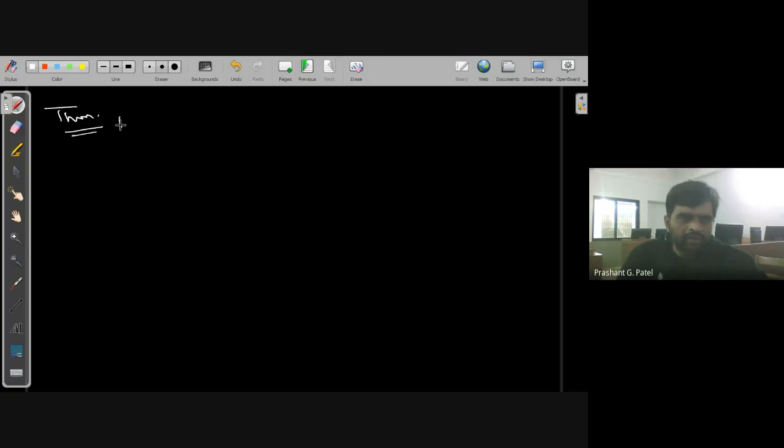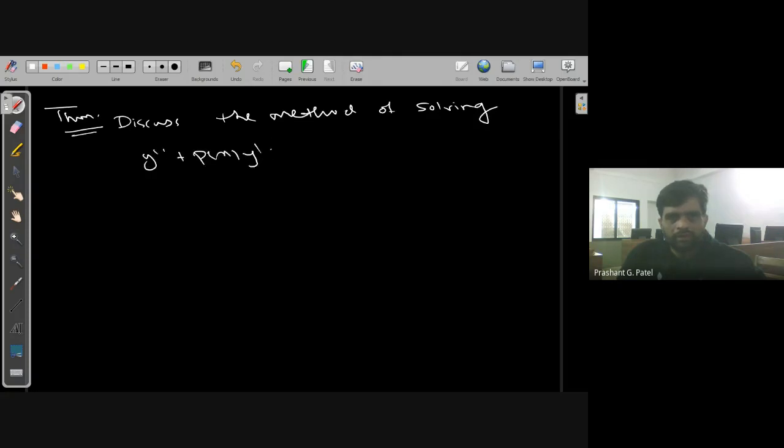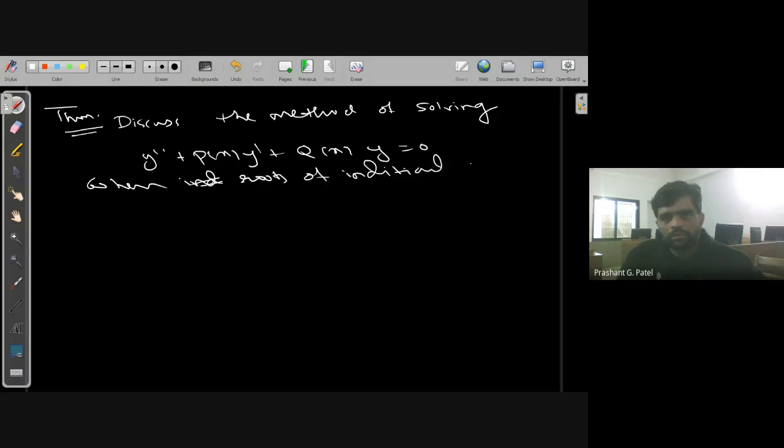The theorem says: discuss the method of solving the equation y double dash plus p of x y dash plus q of x y equal to 0 when the roots of the indicial equation differ by a non-zero integer.